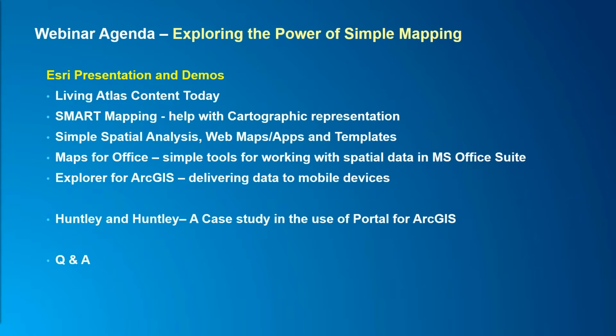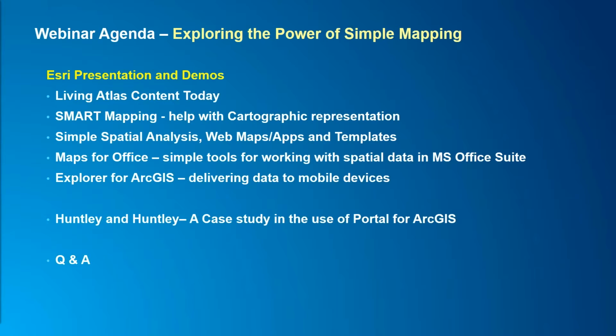We'll start with a quick reference to some of the more important ArcGIS Online content available today and some of the smart mapping capabilities to help with its cartographic representation. We'll cover capabilities of ArcGIS Online spatial analysis, simple web maps, apps and templates that you can apply to that data.